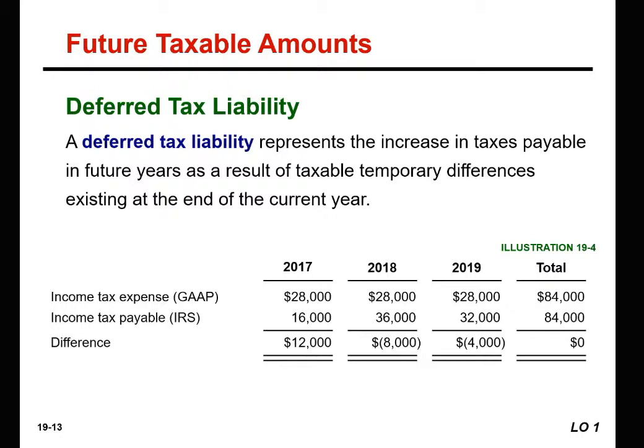That difference resulted in a $12,000 difference between our income tax expense and our income tax payable. However, because we will collect those funds in future periods, we'll have to remit taxes on them in future periods.